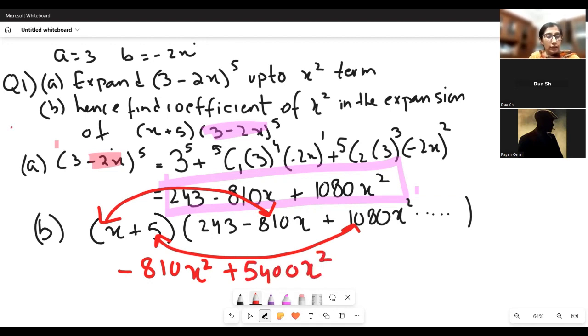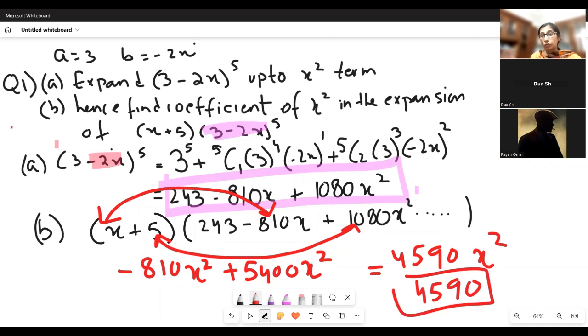Now let's add these: minus 810 plus 5,400. That is 4590. Yes. So it is 4590x squared. The question says give the coefficient, so your final answer should just be the coefficient and not x squared.